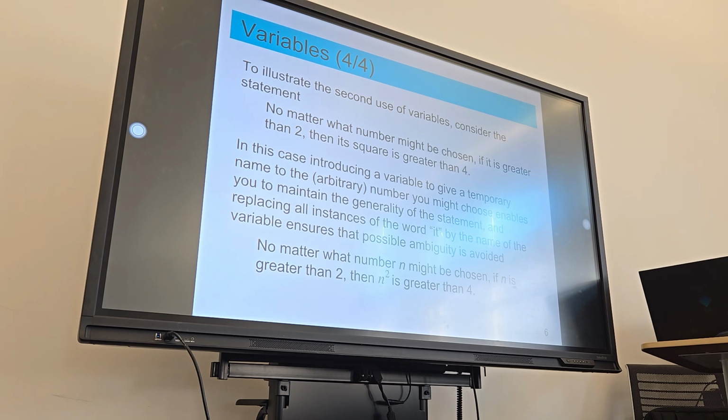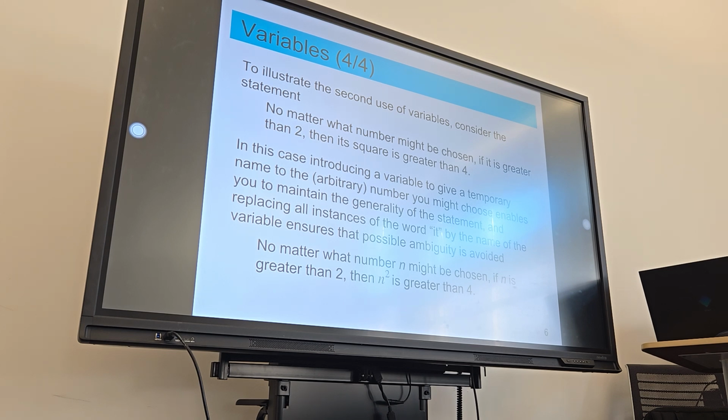The second use of variables is when you want something to apply to all members of a set of values. The example they give is: no matter what number might be chosen, if it is greater than 2, then its square is greater than 4.